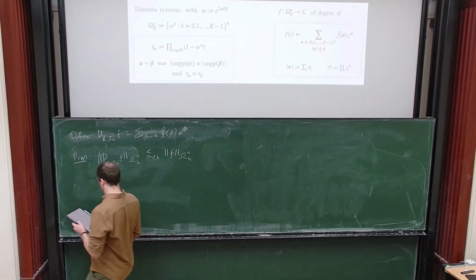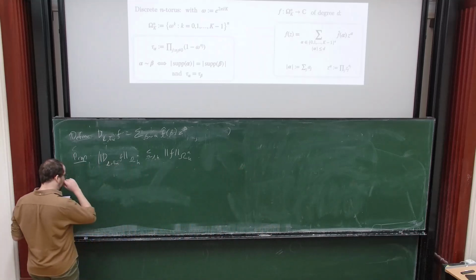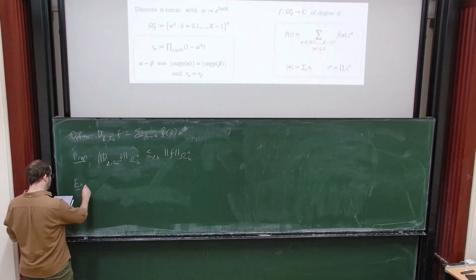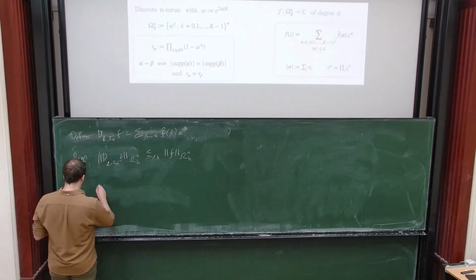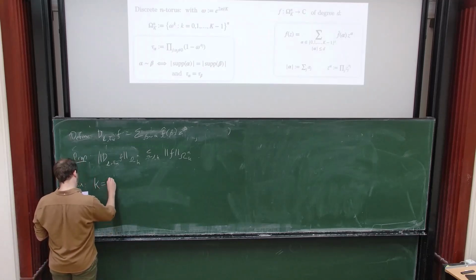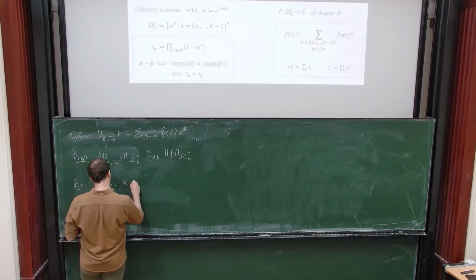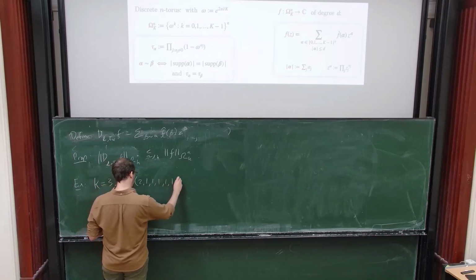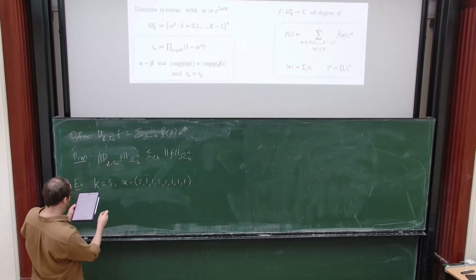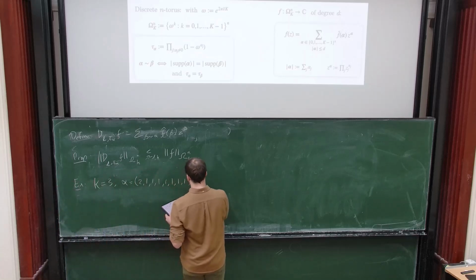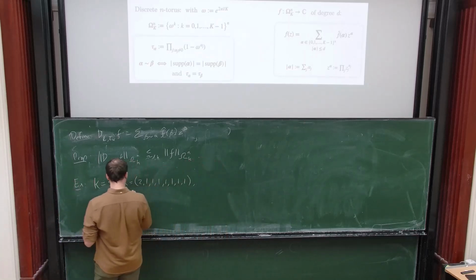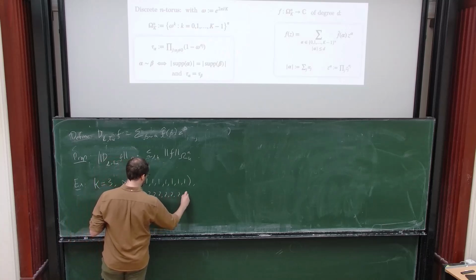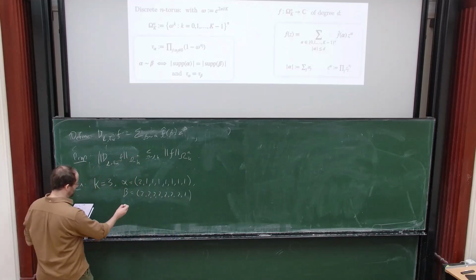So maybe just as a specific example, here's a case where they're equal for very different alphas. So let k be 3 and let alpha be 2, 1, and I need 7 ones, so help me. How did I do? Good. And then beta equals 2, 2, 2, 2, 2, 2, 2. These are 2's.